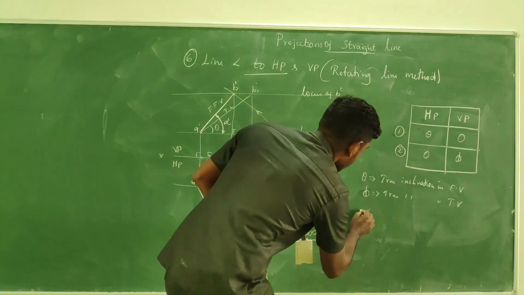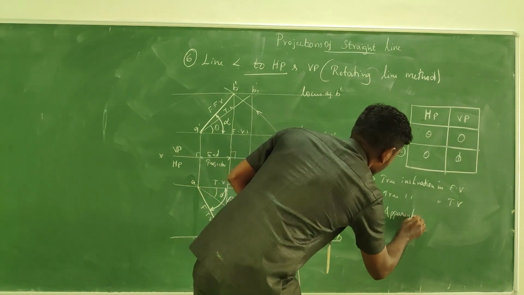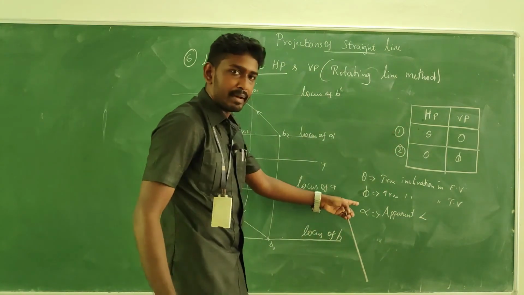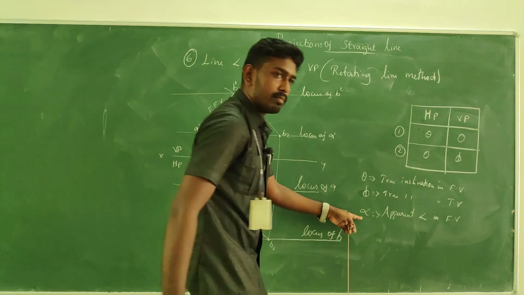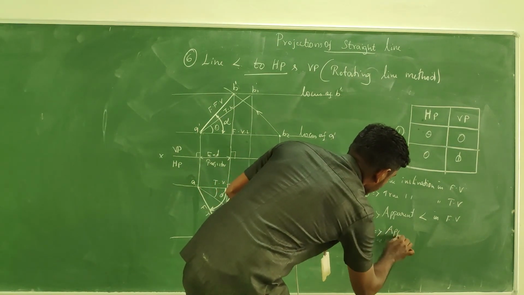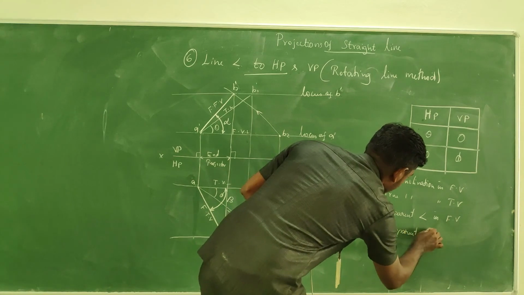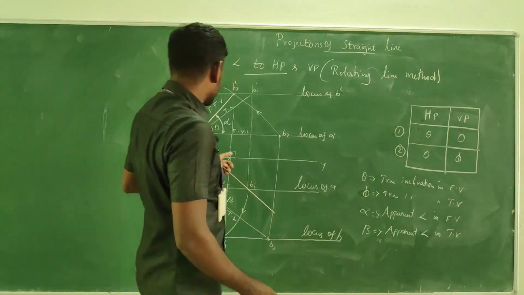Okay, and alpha is the apparent angle in front view, and beta is the apparent angle in top view.